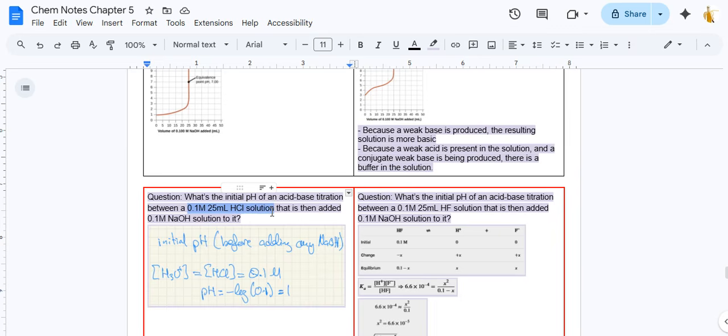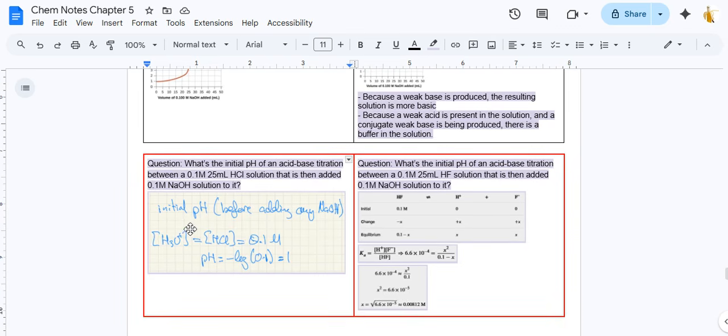And to find the pH of this, you just do the pH formula, negative log of the molarity, 0.1 for HCl.